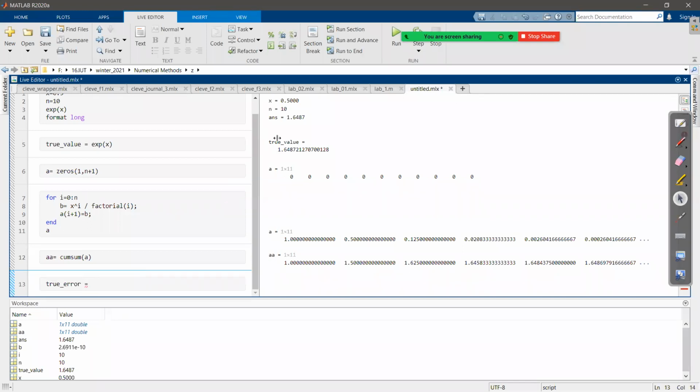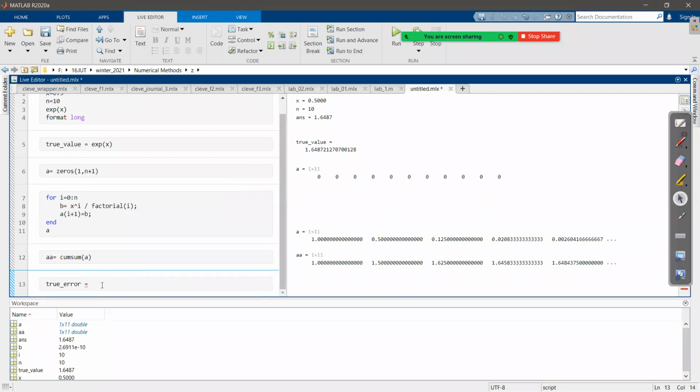Can you see? Yes, sir. True error equals true value minus AA. If I do it this way, from this value I am subtracting all of these at a time.